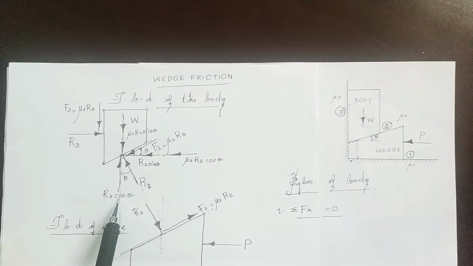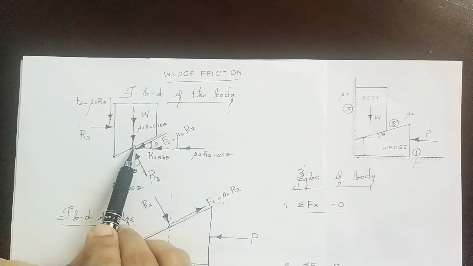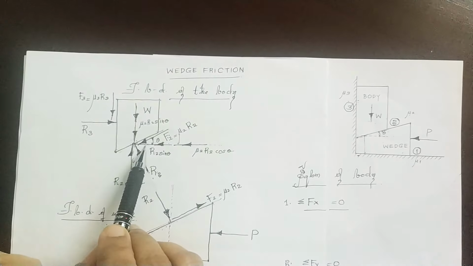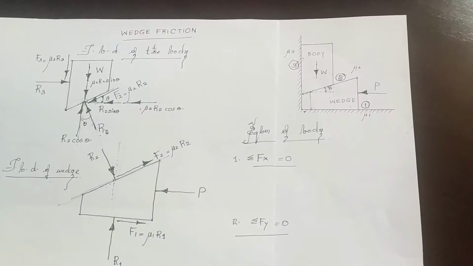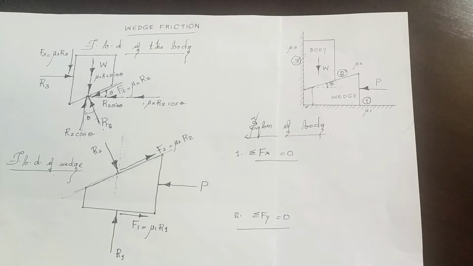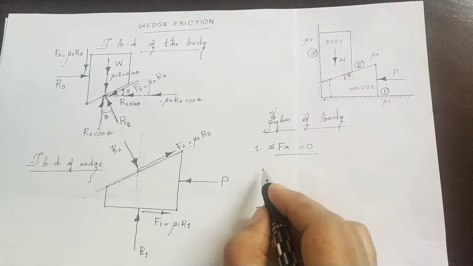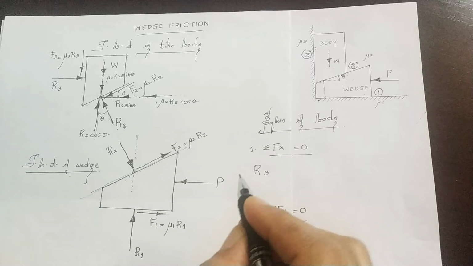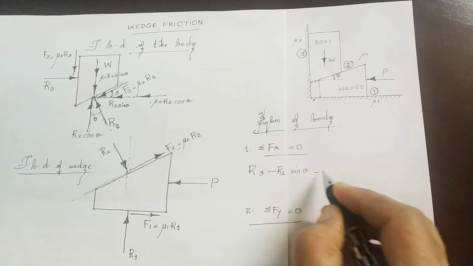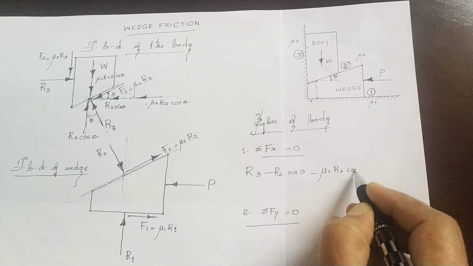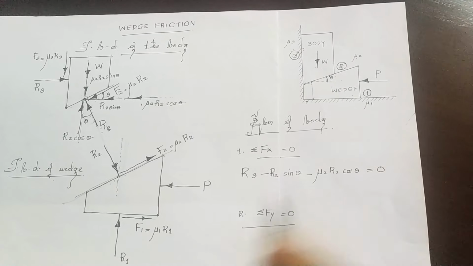So look at this. We have R2 cos theta acting upwards, mu2 R2 sin theta acting downwards, R2 sin theta acting towards the left, mu2 R2 cos theta also acting towards the left. Clear? So the horizontal forces: R3 minus R2 sin theta minus mu2 R2 cos theta is equal to 0.